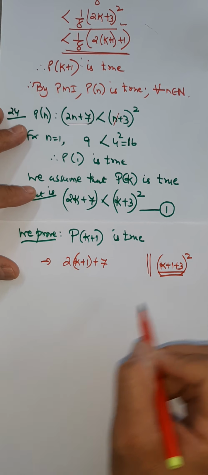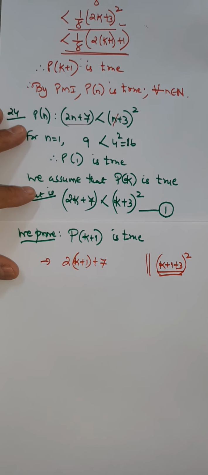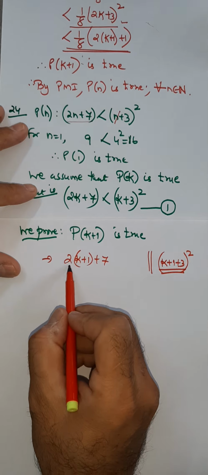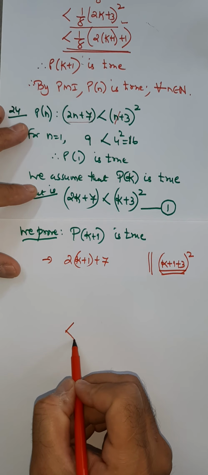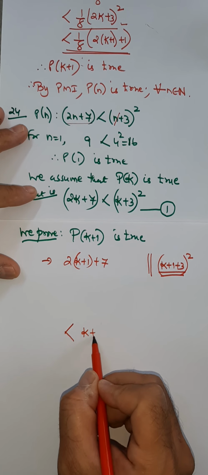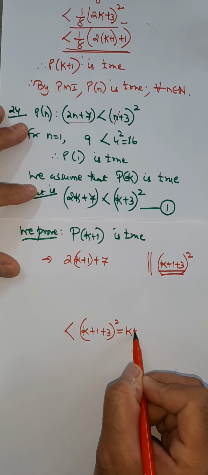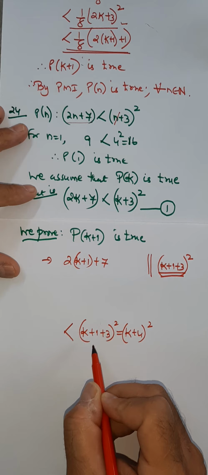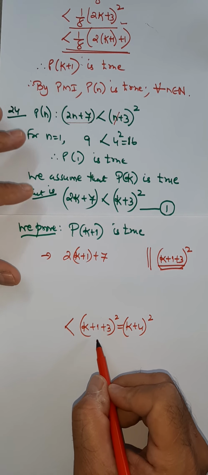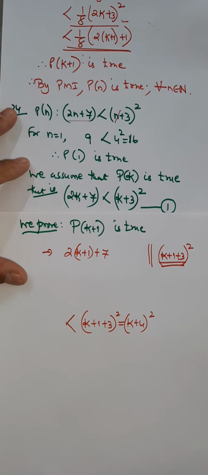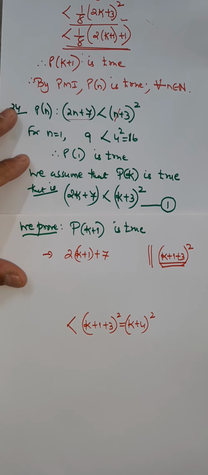This is what you want on the RHS, remember. You want to show that this expression is less than this much, k plus 1 plus 3 the whole square, which is same as k plus 4 the whole square. You want this, so we keep this much in our mind, remember. Okay, and we'll use this equation number 1, remember.